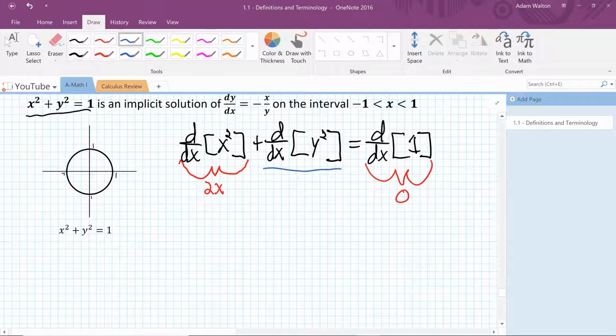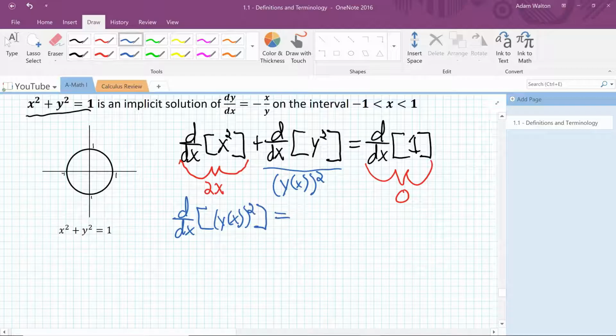So what we're actually going to do is treat this as y of x, y as a function of x, which in itself is going to be squared. So then we are going to utilize the chain rule for that. So the derivative with respect to x of y of x quantity squared is going to be equal to the derivative of the outer function, which is not 2x, excuse me.